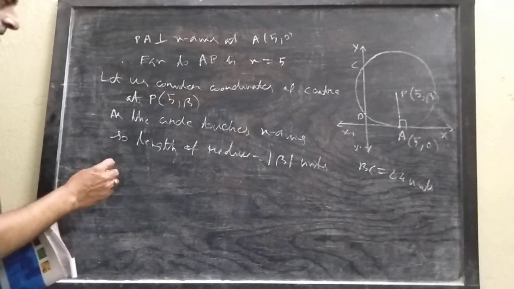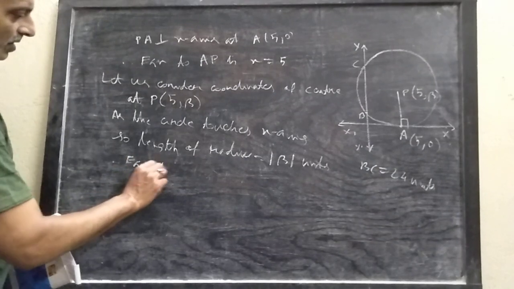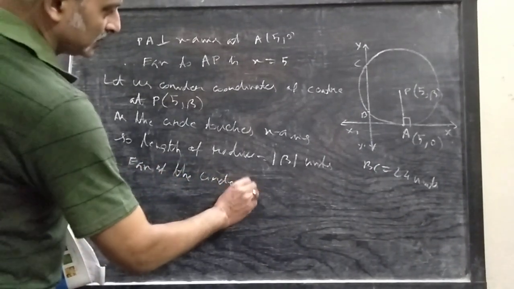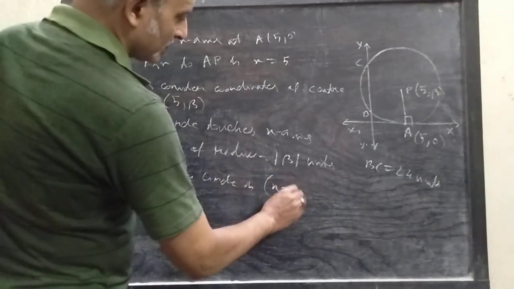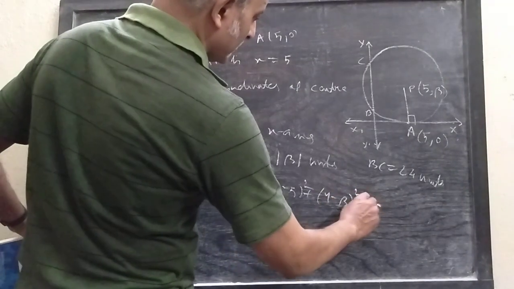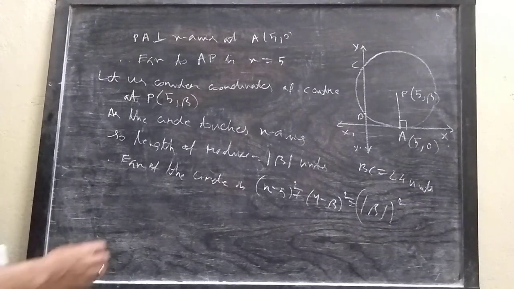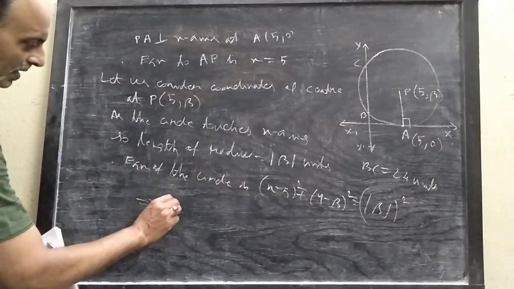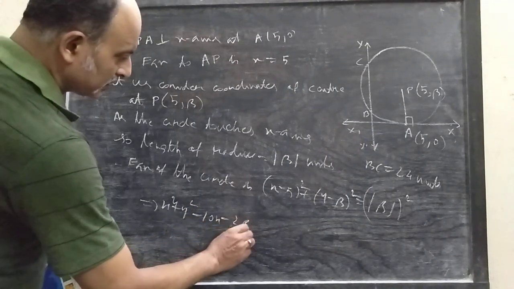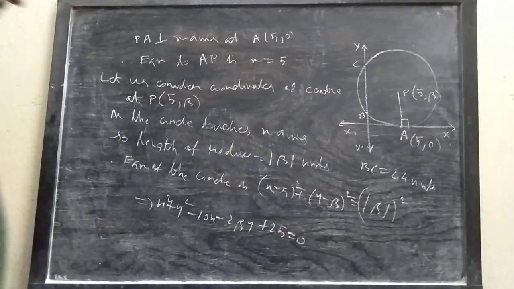So we can write the equation of the circle as (x minus 5) whole square plus (y minus beta) whole square equals mod beta whole square. So we get x square plus y square minus 10x minus 2 beta y plus 25 equals 0.